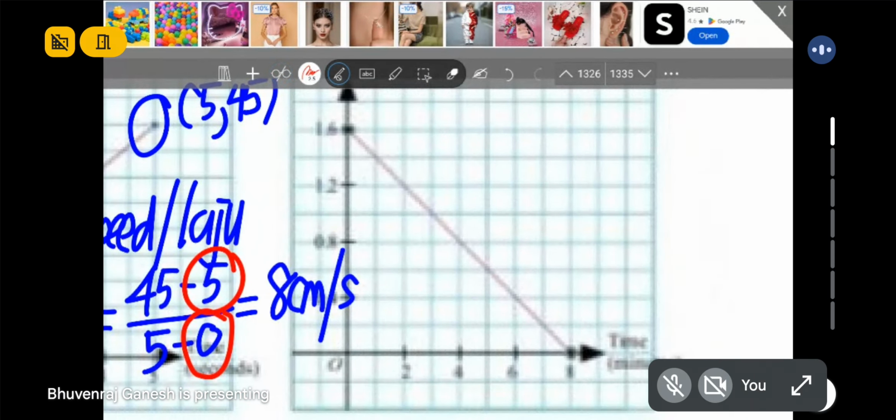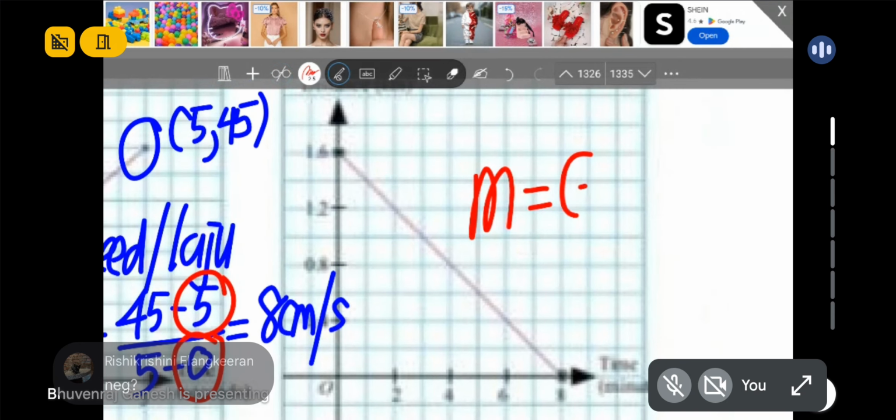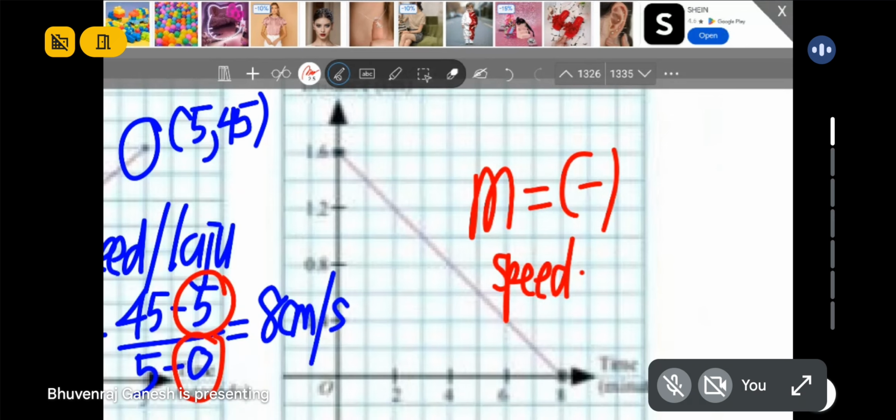So again guys, you see this graph. Gradient, negative or positive? Keturunan kat sini? Yes, it's negative. Correct. But when I ask you guys to talk about speed, laju, positive or negative? Careful lah guys.